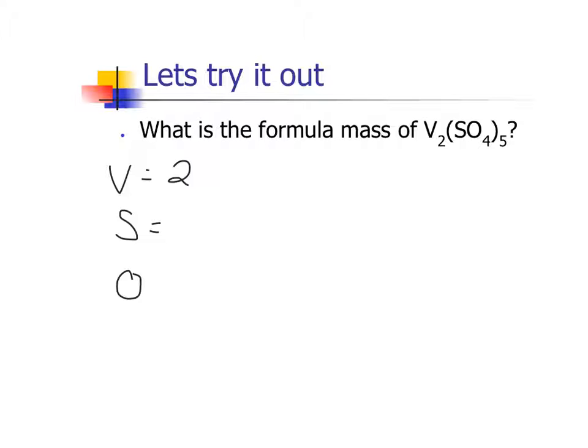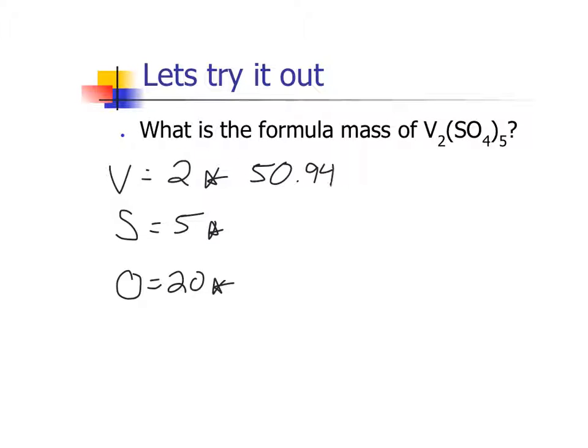That 5 on the outside of the parentheses is distributed to everything inside. And I see that my 4 times 5 is 20. And I actually have to look up the vanadium 5 mass, and I see that it's 50.94.